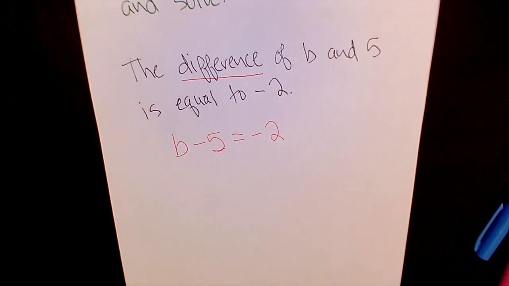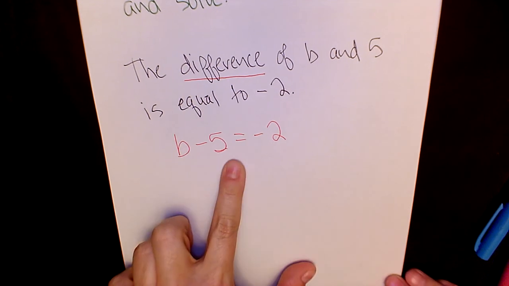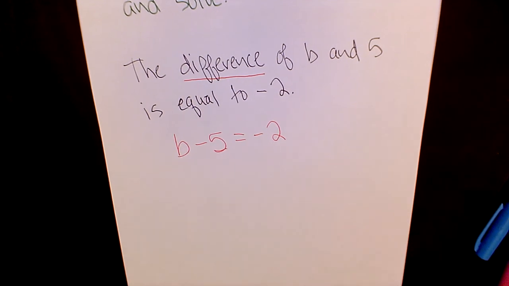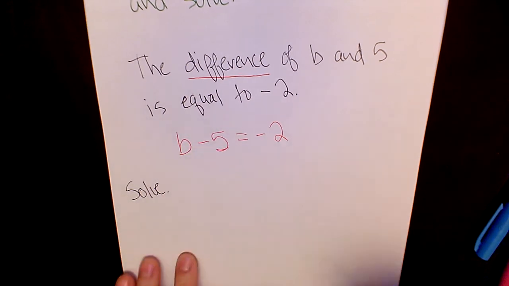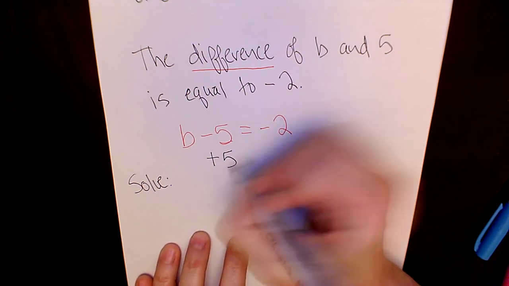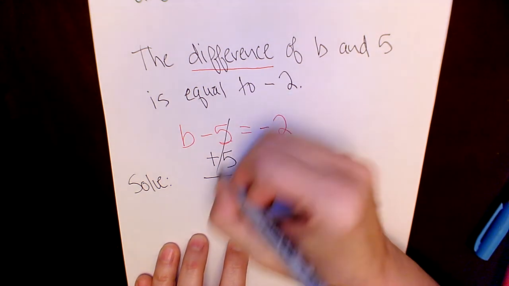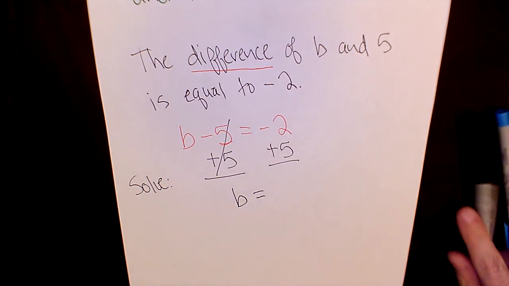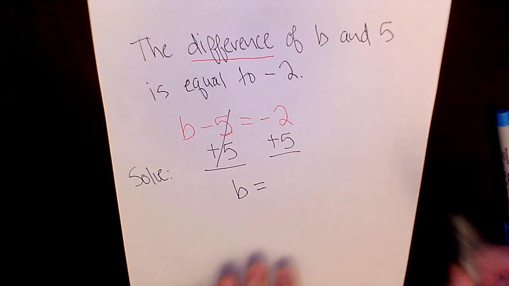And then they might have you solve it. So can we solve these? We just did a bunch of these. I've got a -5. What do I do to both sides? I'm going to add 5 to both sides because I'm going to do the opposite. And hopefully these are getting easier for you. And what is -2 and +5?